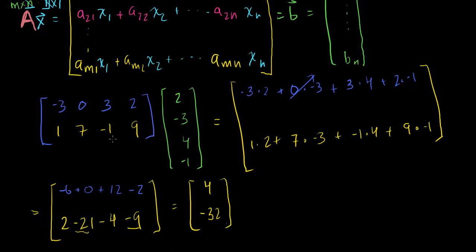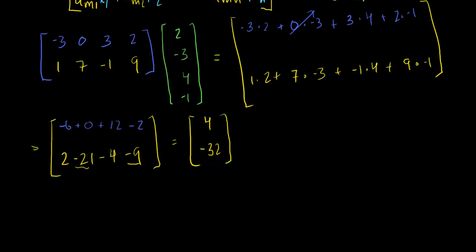And like I said, let me be very clear right here. Everything we've been used to right now, we've been writing our vectors as column vectors. But you could view each of these guys right here as a row vector. But let me be even better.